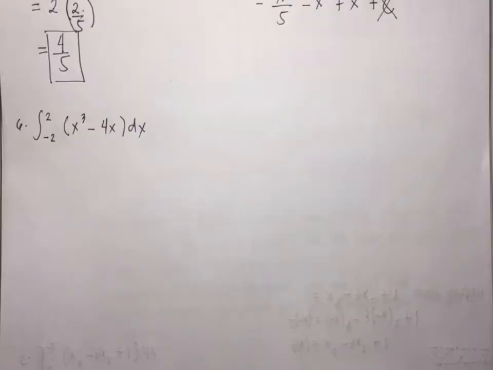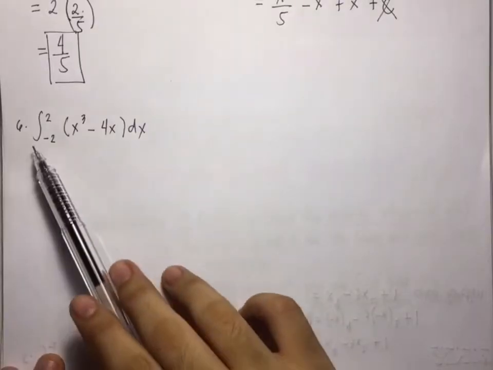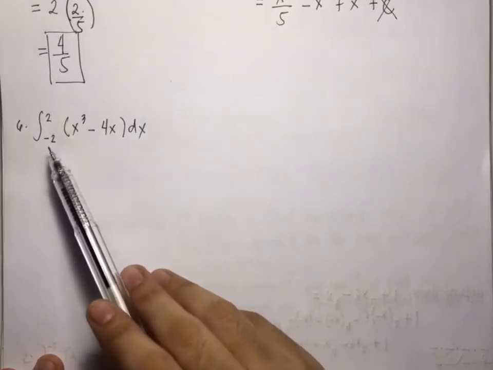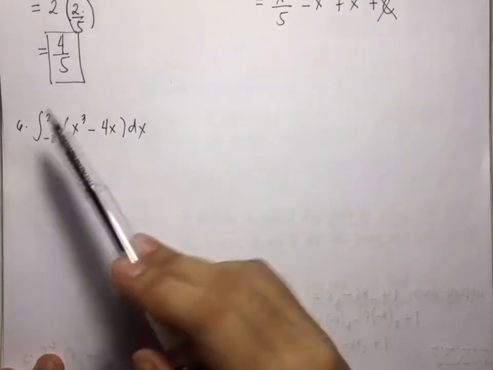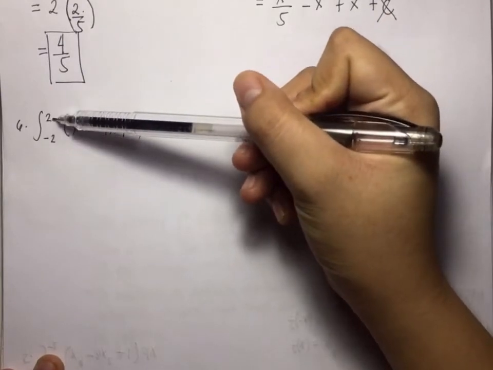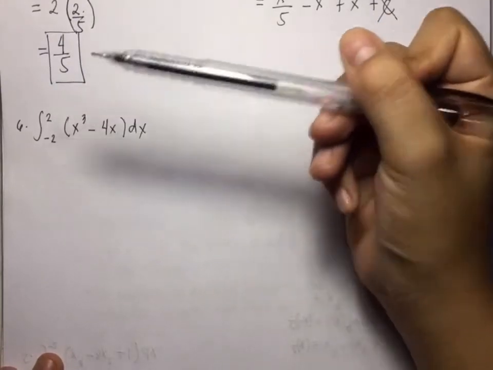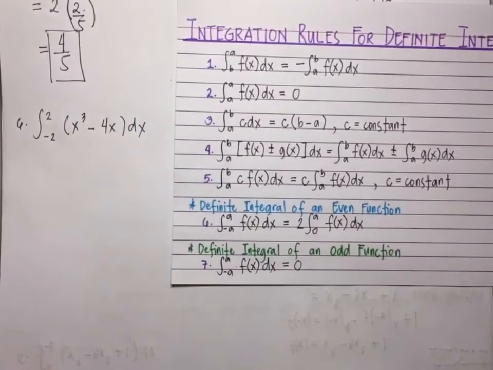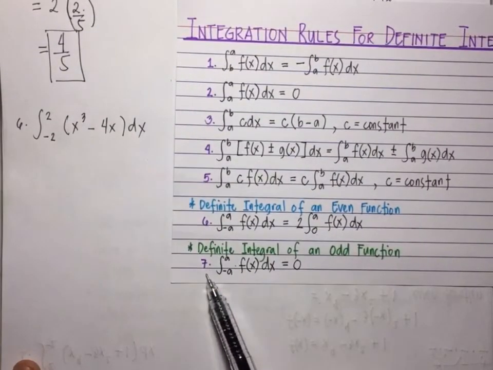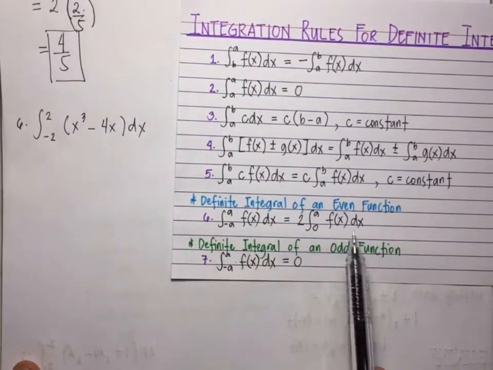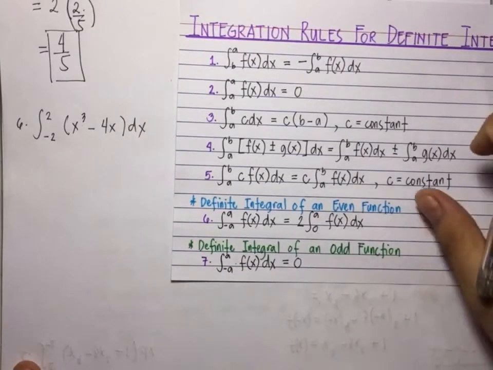For problem number 6, we have the integral of x cubed minus 4x times dx from negative 2 to 2. And again, our upper limit is positive 2 and our lower limit is negative 2. We apply either theorem number 6 or theorem number 7. We need to determine first if x cubed minus 4x is an odd or even function.